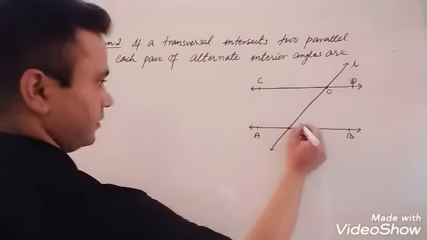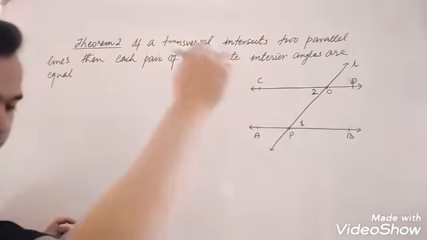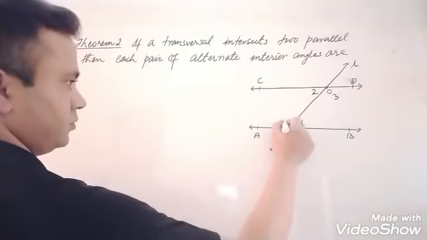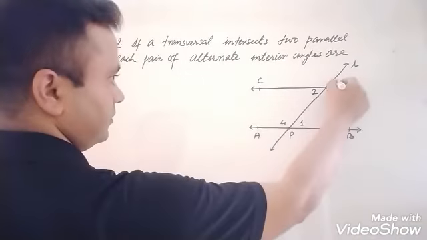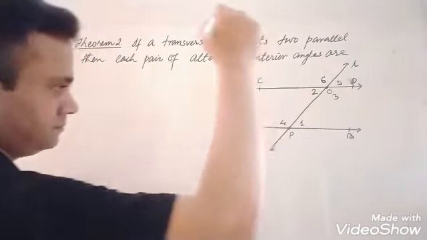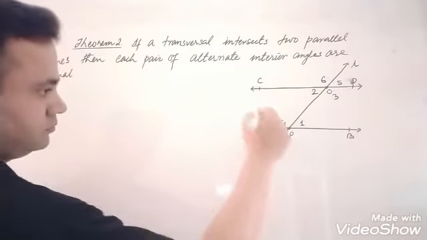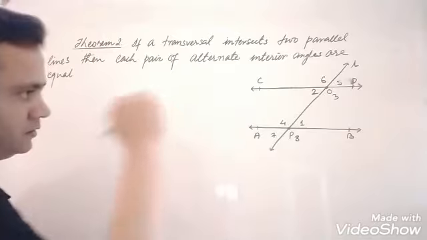This is angle 1, this is angle 2, this one is angle 3, this one is angle 4, this one is angle 5, this one is angle 6, and we can take 7 and 8 also.